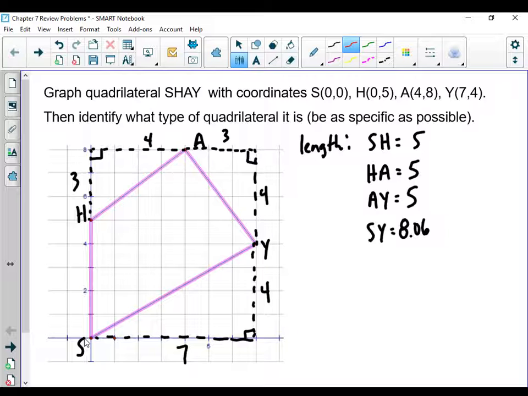The other thing you want to find would be the slopes. So let's find the slope for each of those same sides. If we look at SH, we went up 5, but we didn't go over. In other words, we're looking at a vertical line, so SH has an undefined slope.